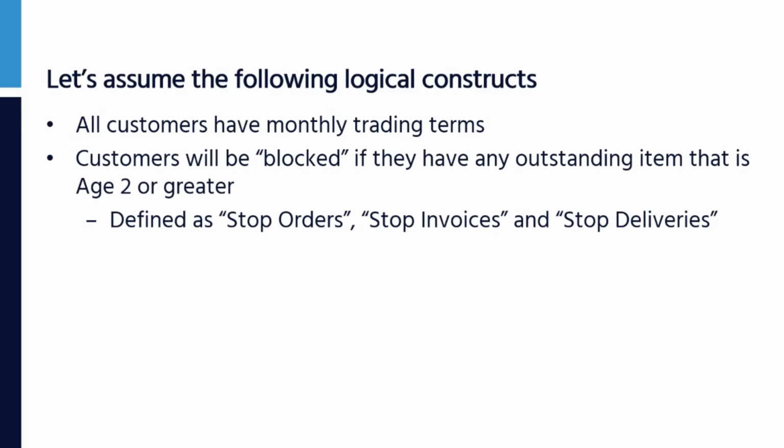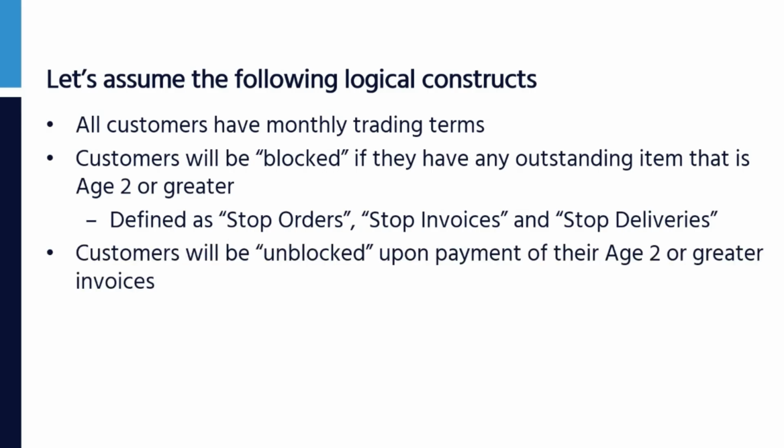But again, for the sake of simplicity, for an example, we're just going to say, yep, our blocking mechanism is just stop everything, basically. And then finally, the customer will be unblocked upon payment of all of their age 2 or greater, I said invoices, but any items. So as soon as the age 2 or greater outstanding items are cleared, no worries. If you've still got age 1, that's fine. But all the age 2 ones are gone, cool. You are unblocked.